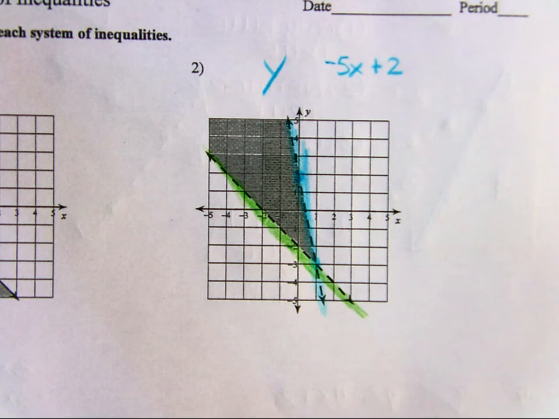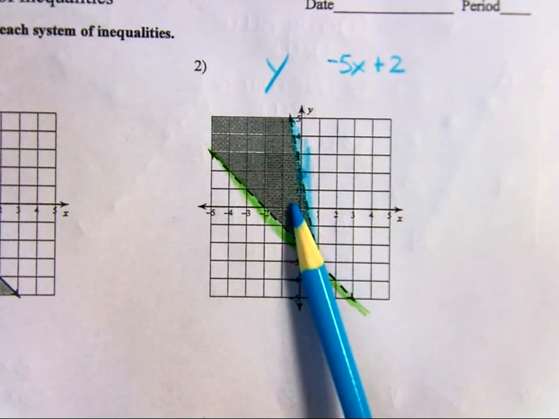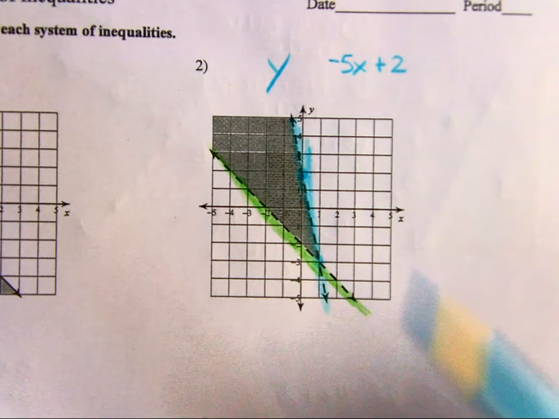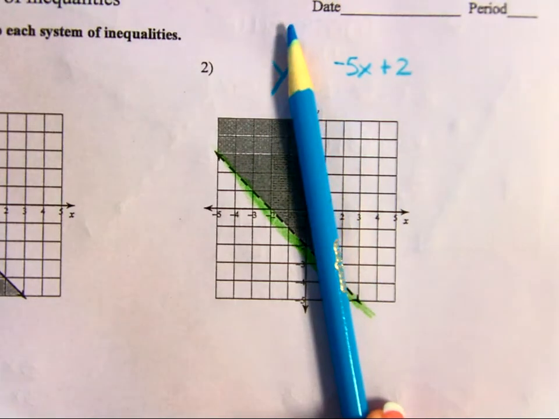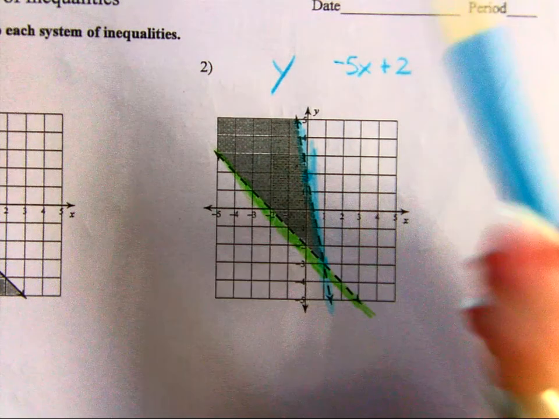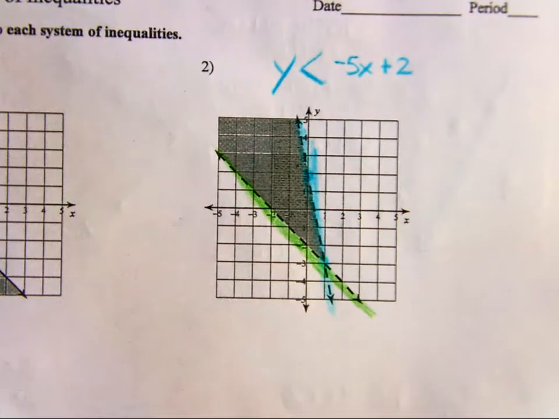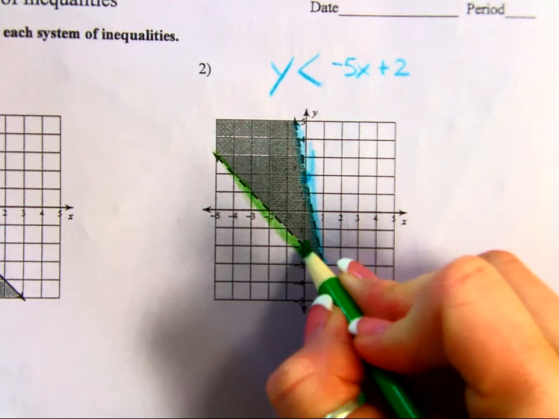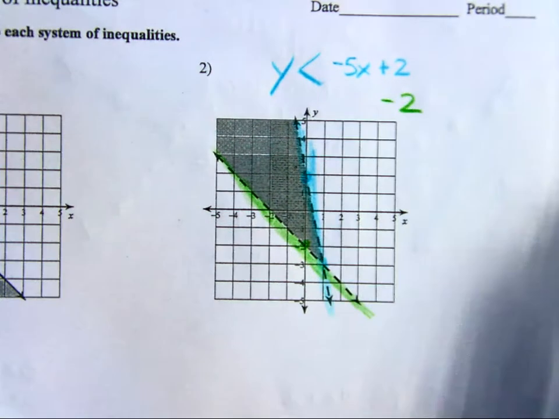So what two inequalities created a shared section like this? That's what they're asking you. The inequality for the blue line is going down, so it's less than, and it's dotted, so I don't need that underneath. Then my y-intercept for the green is -2 with a slope of what?